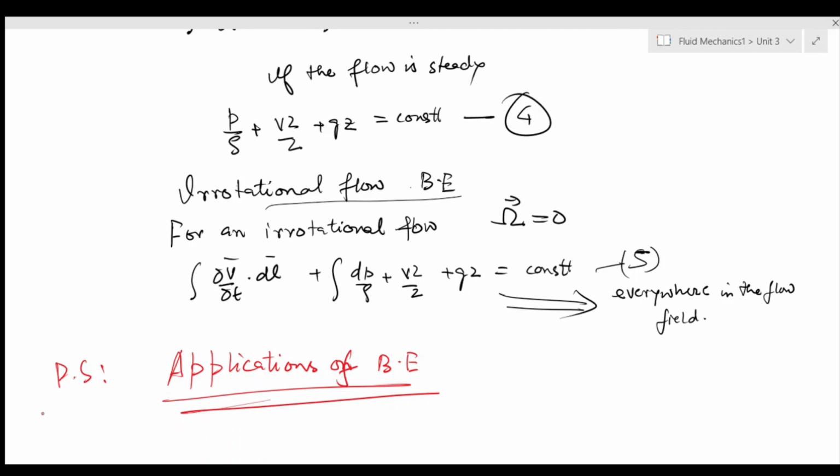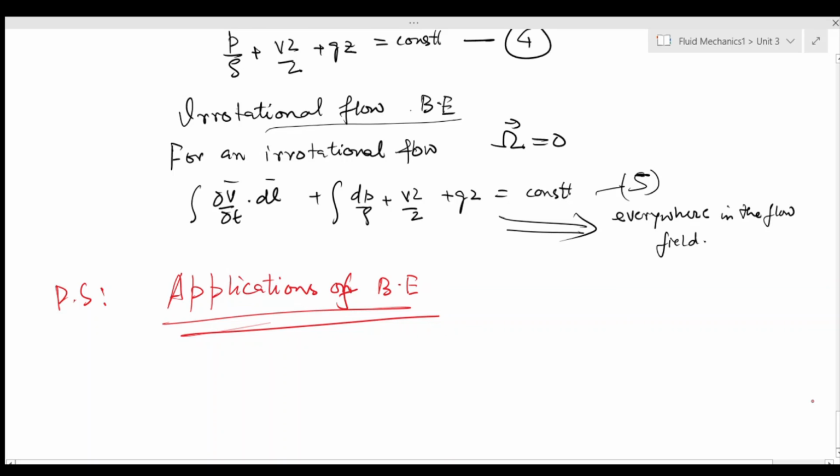There are many places where Bernoulli equation is used. Using this, you can study steady flow through an orifice, and even orifice meters and venturi meters are designed using this principle. You can also study free jets, what's happening over there. So I would highly recommend you to look into the solved problems in this area from both the books, and then try to do some unsolved problems.